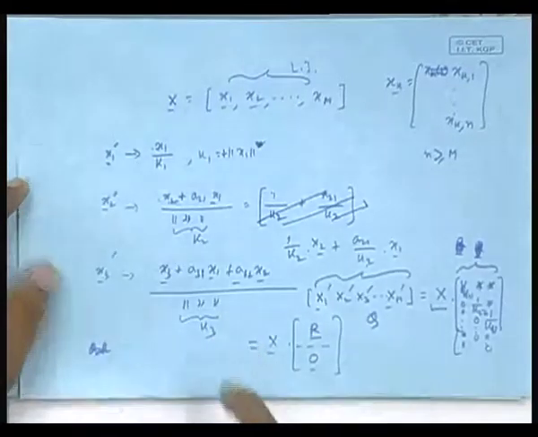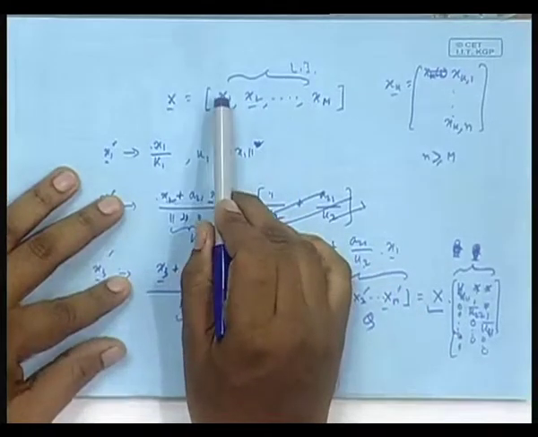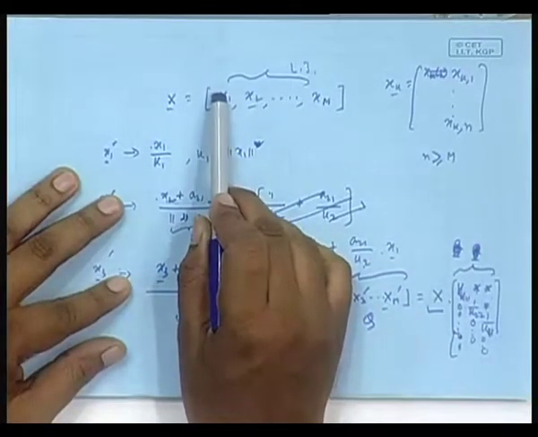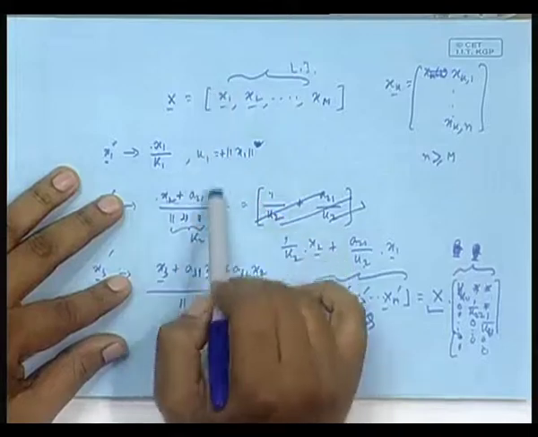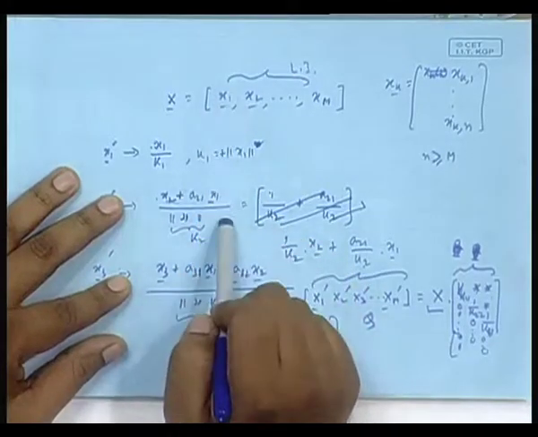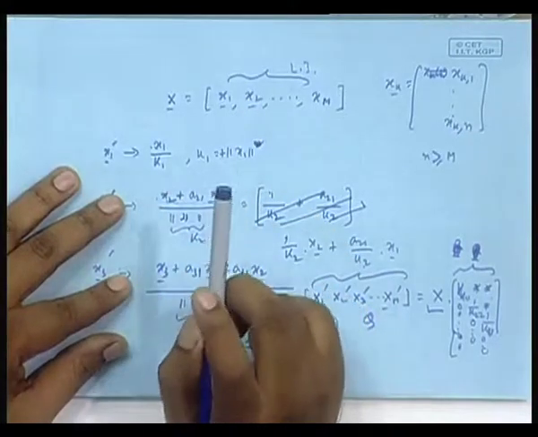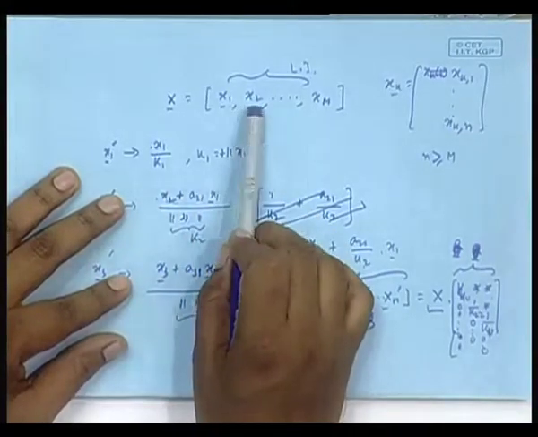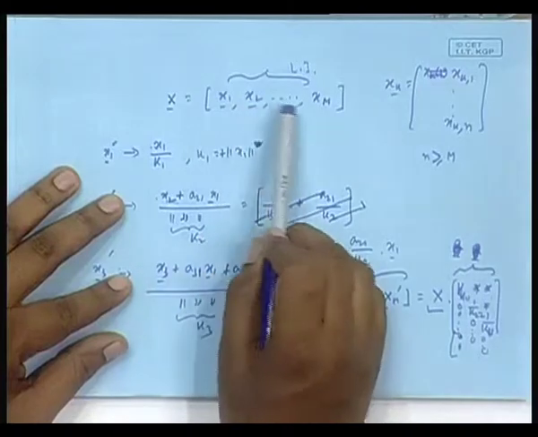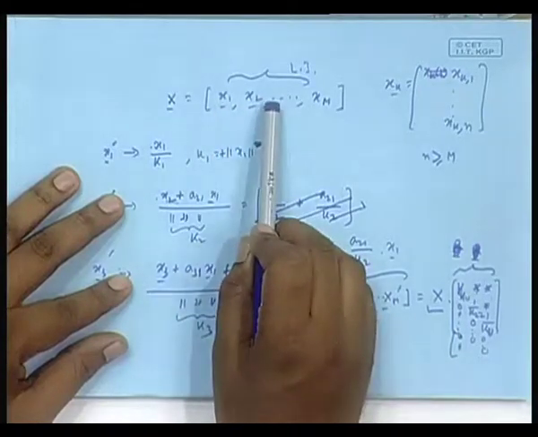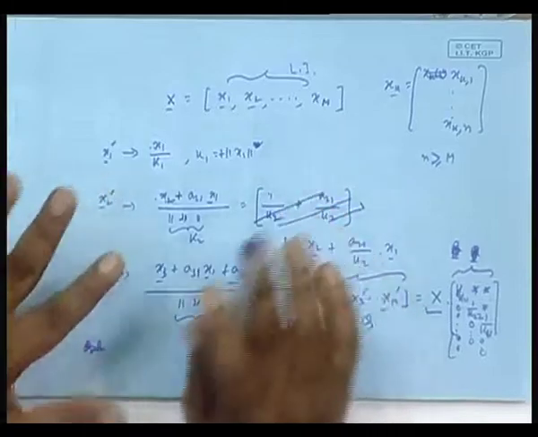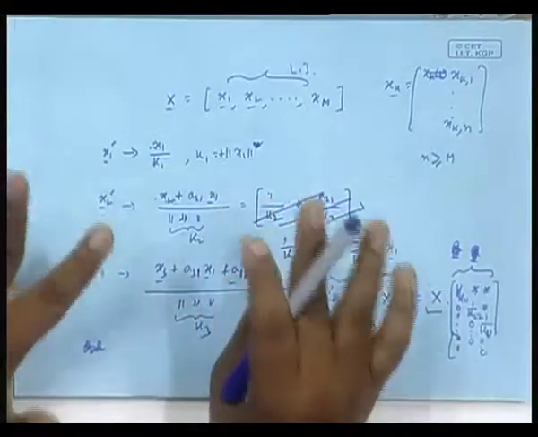Then x1 will be x1(n), a vector, and x2 will be x2(n). In the adaptive filter case that we studied, x2(n) will be z inverse x1(n), x3(n) will be z inverse applied to that, and so on and so forth. But I will still try to be more general here.